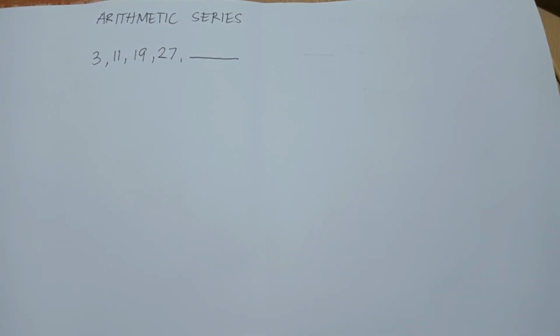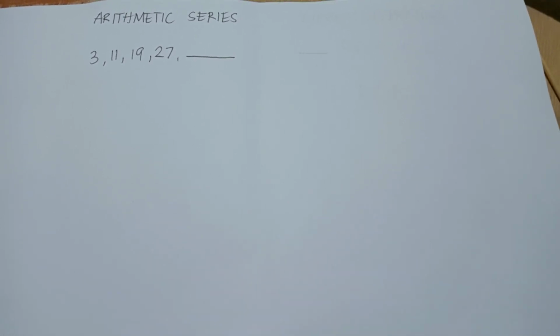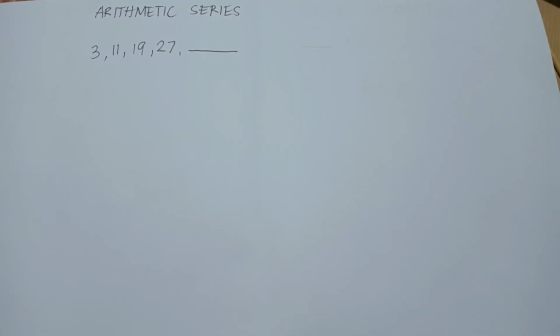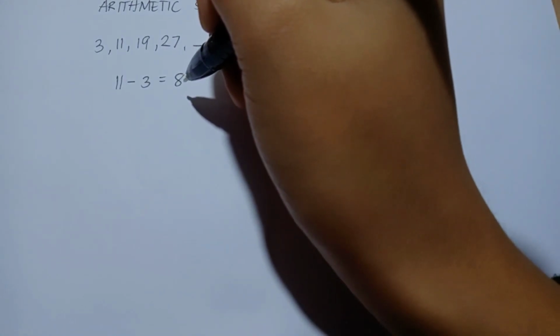In which, to find the next number of the sequence, we just need to add 5 to every last number. Here's a series: 3, 11, 19, 27. What will be the next number? First, we will find its common difference by subtracting the first term from the second term. 11 minus 3 equals 8. 8 is its common difference.